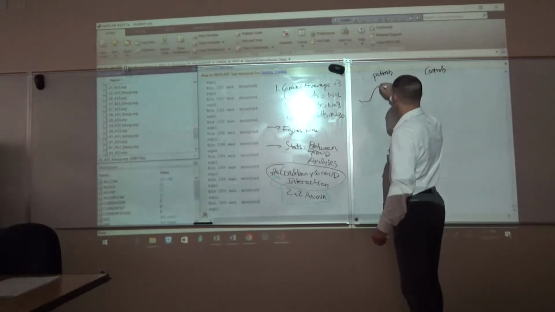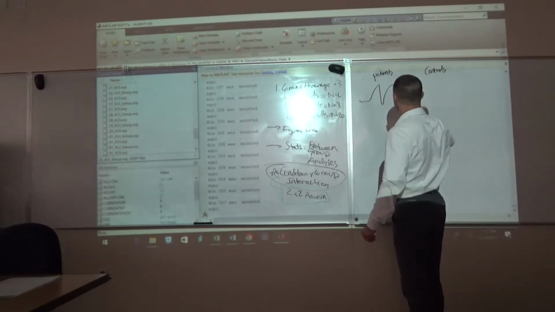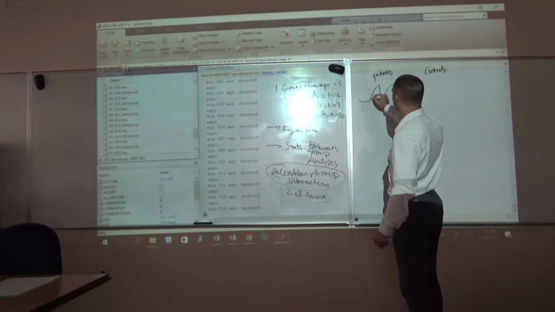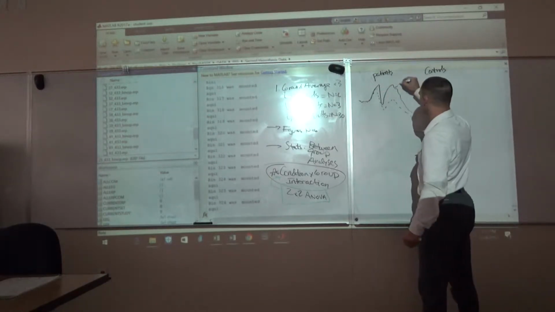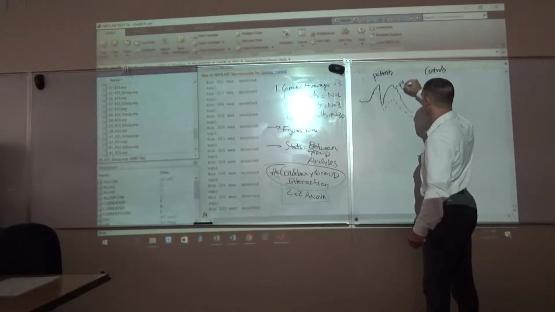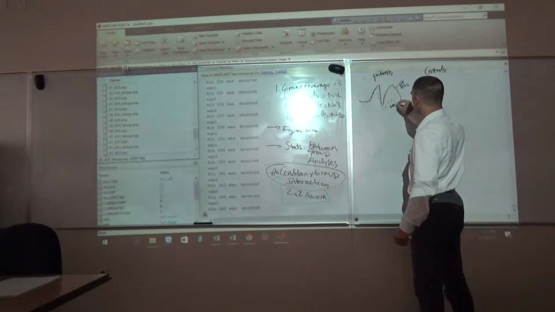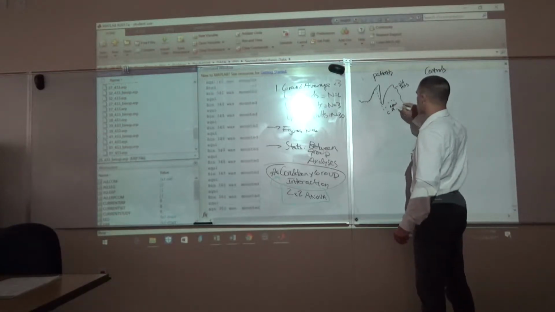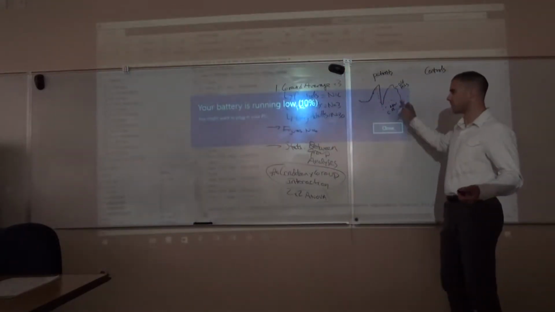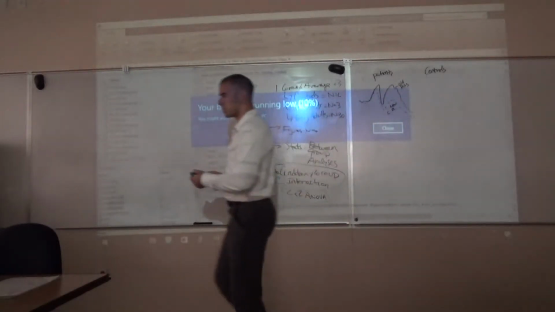And in patients, you might have the ERP that looks like that. This might be old hits. This might be new correct rejections. You guys have all seen this, right? Let me plug my battery in so the computer keeps working.